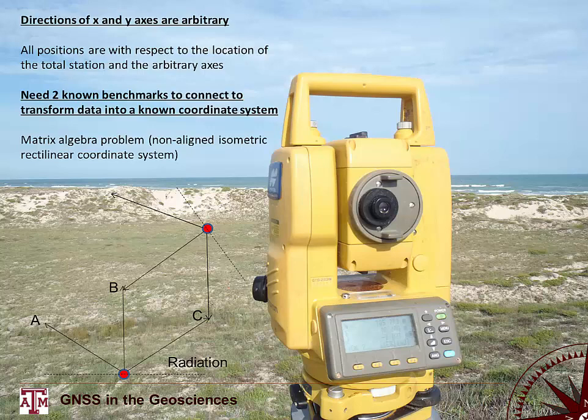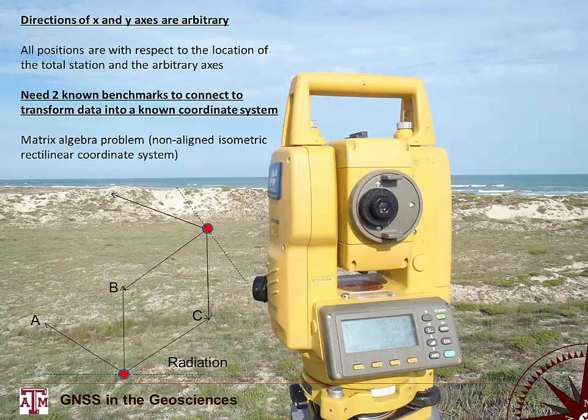All positions throughout the total station survey are with respect to the location of the total station and the arbitrary axis, at least as we will deal with in this course. So, in order to reference the survey to a known coordinate system, you need to include two known benchmarks. Including these benchmarks will enable you to either set the coordinate system internally within the unit, or, as we'll do in this class, to transform the surveyed points into a known coordinate system after the fact.